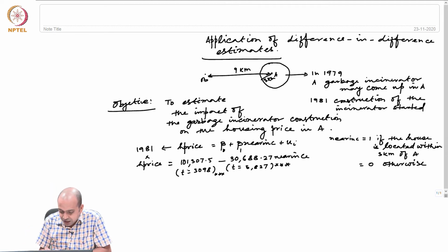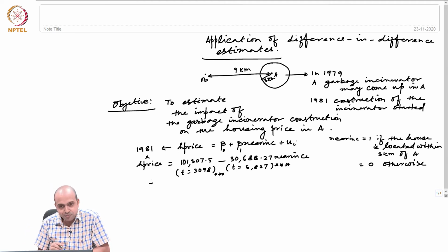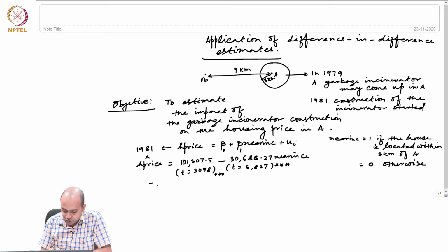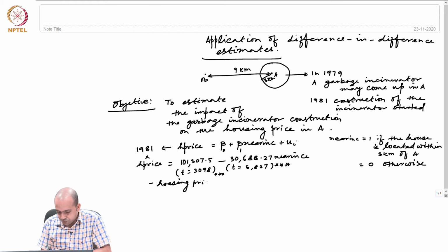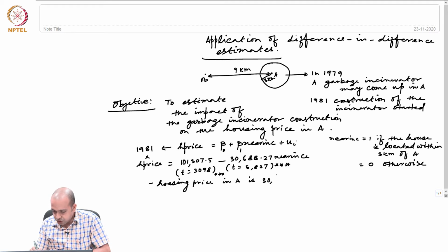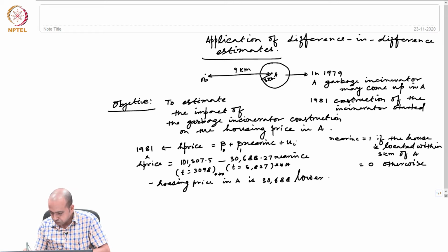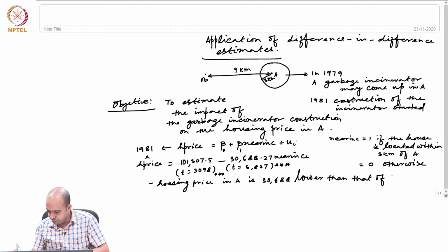You would be tempted to derive this type of conclusion: housing price in A is 30,688 lower than that of B.